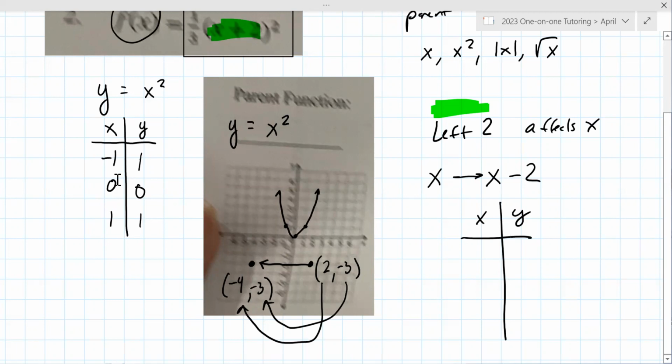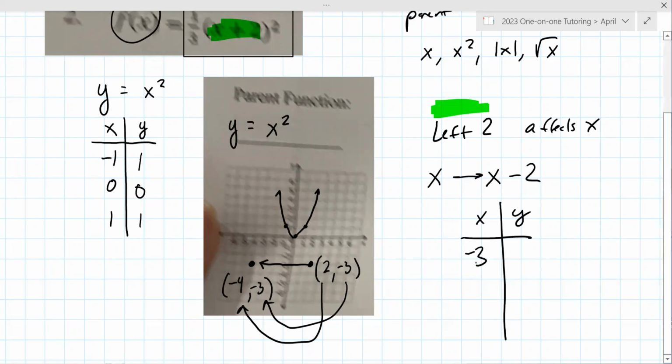The x right there is 2. I'm asking you for each of these x values to subtract 2 and give me the answer here, please. Negative 1 minus 2. What does that become? It's negative 3. Okay, keep going.